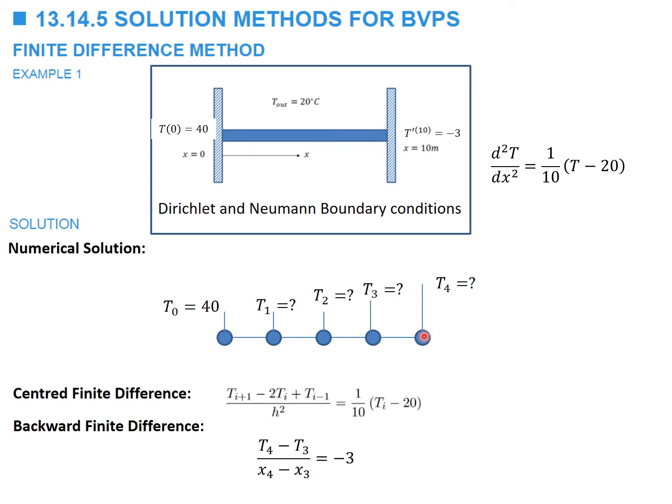So what we know is that the derivative of T at this end is equal to -3, so in addition to the three equations that we wrote last time, we're going to add another equation. We're going to use the backward finite difference, (T4 minus T3) divided by (x4 minus x3), equal to -3. So we wrote an extra equation for the extra unknown T4.